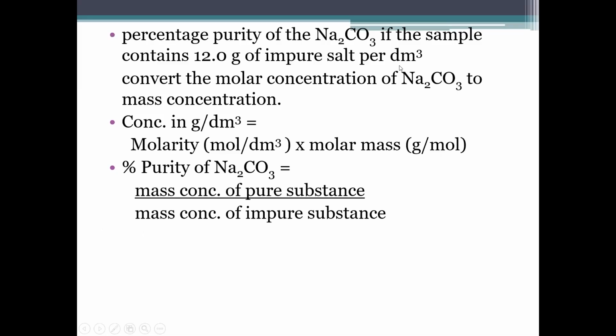You convert the moles per dm cubed by multiplying by the molar mass of your base, which is your sodium carbonate. That will give you the concentration in grams per dm cubed. And once you know the concentration of your pure substance in grams per dm cubed, you divide it by that of the impure substance, which is 12 grams per dm cubed, and multiply by 100, and that will give you the percentage purity. And that is the first experiment we are going to do.